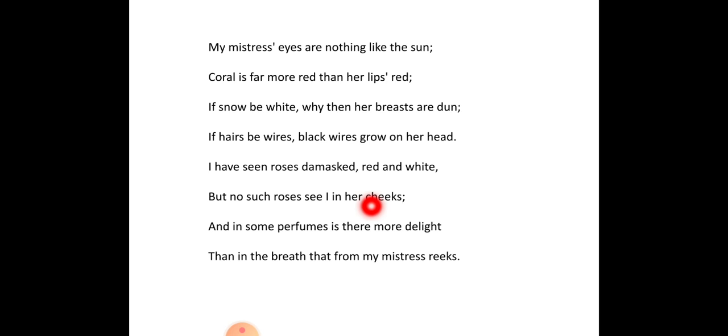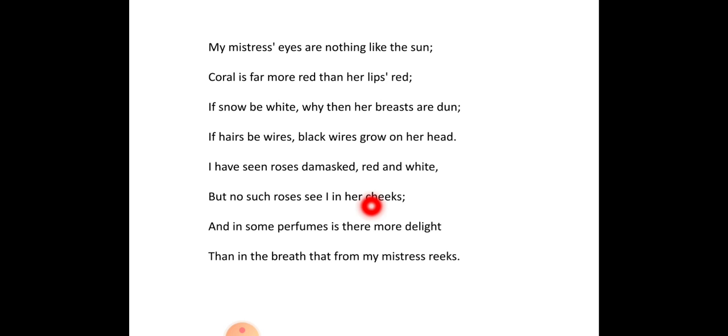In the second quatrain, the speaker says he has seen roses damasked, that is, separated by color into red and white. But he sees no such roses in his mistress's cheeks. Why? I don't know. He says the breath that reeks from his mistress is less delightful than perfume.